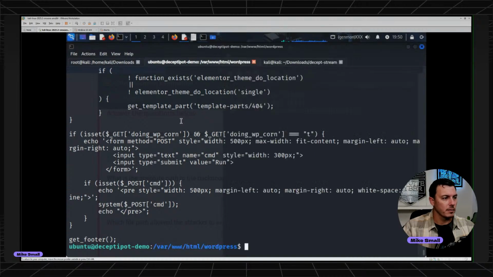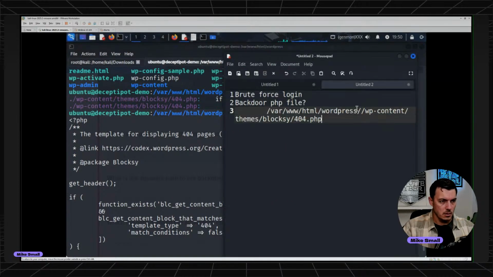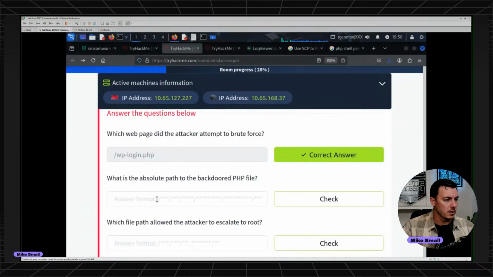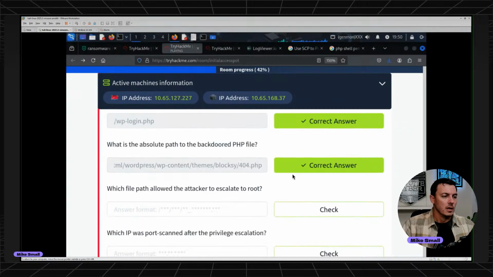Oh, we already have it there. And then we'll just take this part. All right, so we have the full path here, and now we just need to paste it into here. And my dog may bark momentarily. All right, so that's that one.